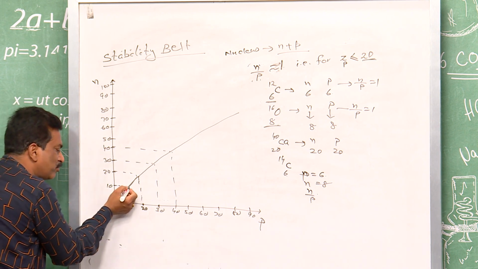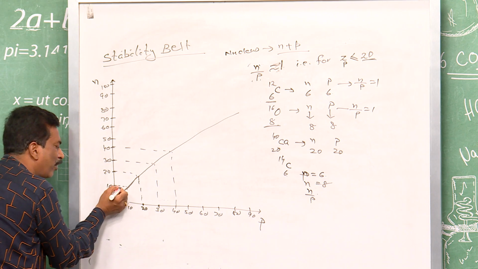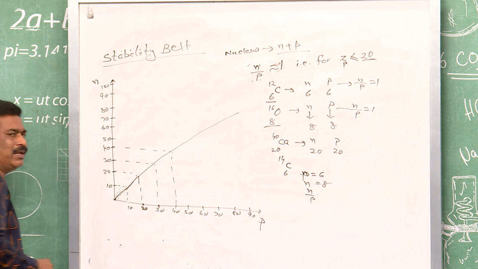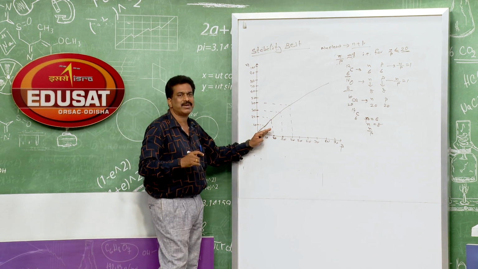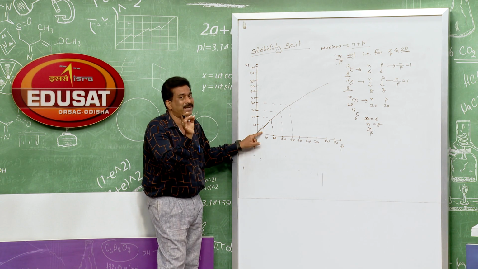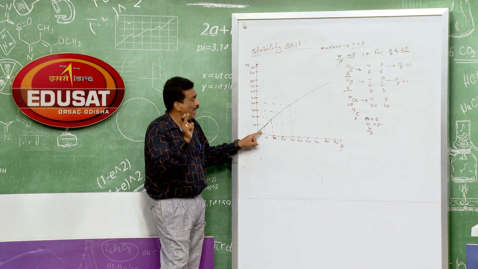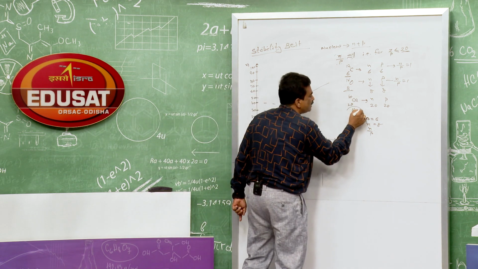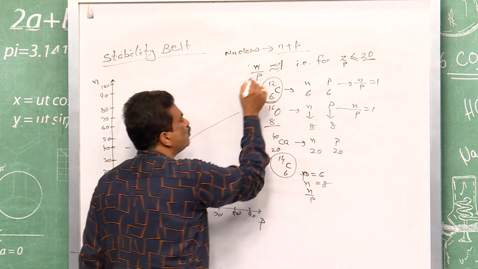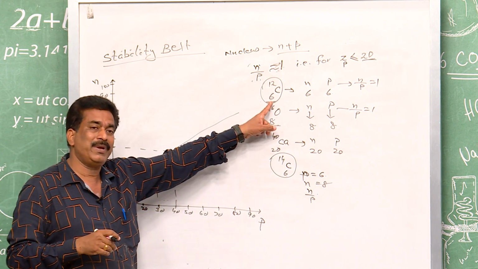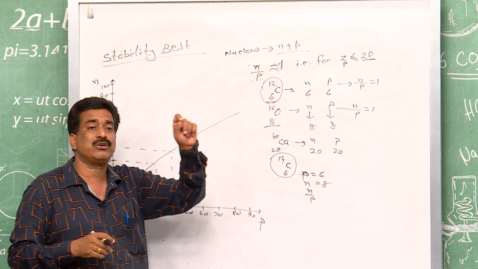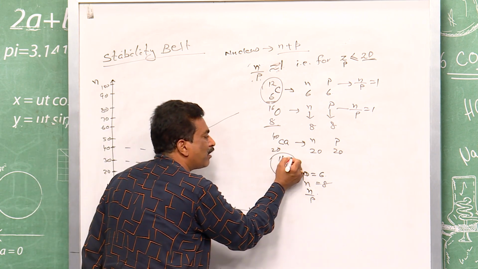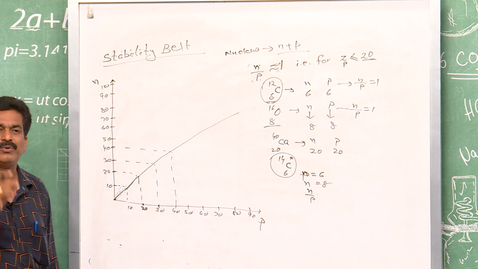So, n/p equal to 1 gives the straight line. When it is not equal to 1, it will lie either above or below this straight line, and in both cases they are not stable. Therefore C-14 is not stable, while C-12 is stable, with no easy disintegration. Those that are not stable are generally represented with a star mark.